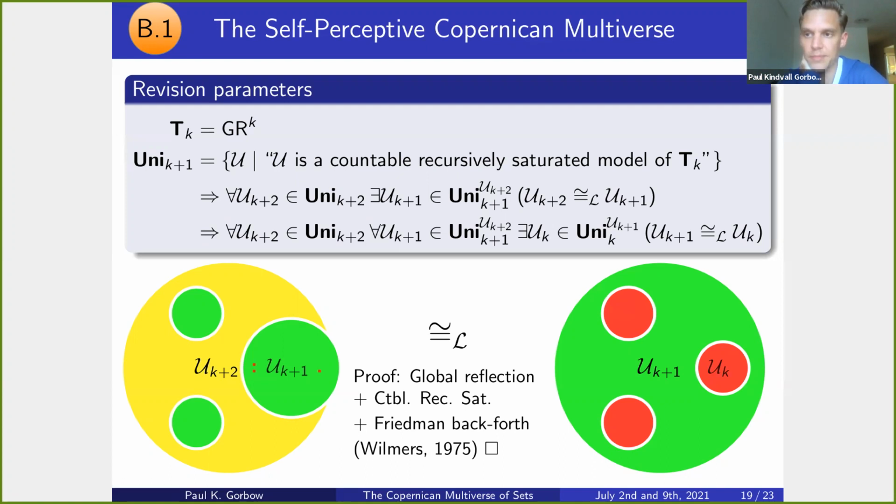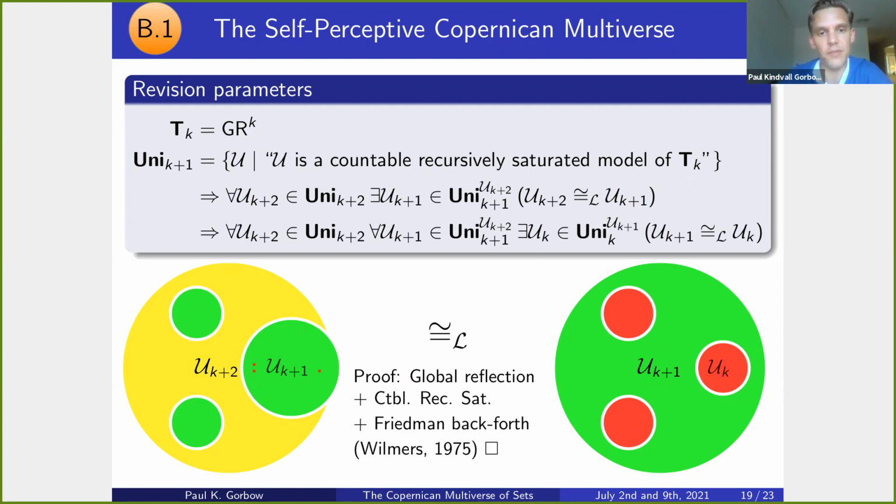But of course, if the model you started with does not satisfy the consistency of ZF, then that model is not actually going to be a model of ZF as seen from the bigger model.